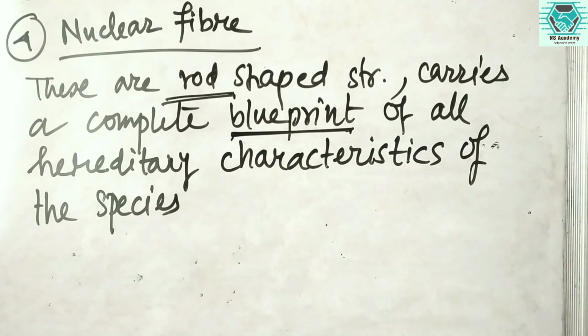Only during the cell division the chromosomes are visible. The chromosomes are visible under the microscope during cell division, and we know that in our cell there are 23 pairs, that is 46 chromosomes.